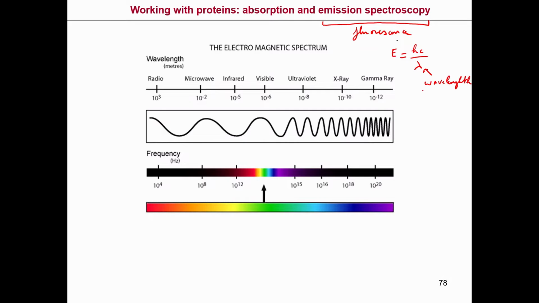Usually we use nanometer units. H is the Planck constant, and C is the speed of light.